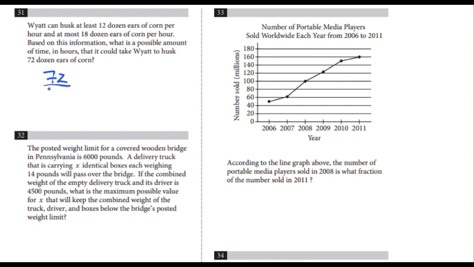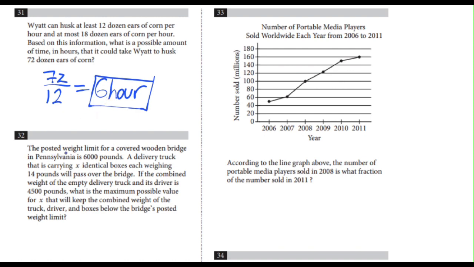So we can say 72, the number of dozens of ears of corn that he needs to husk, divided by the least number of dozens of ears of corn he husks per hour. And if you divide 72 by 12, we'll get that this takes 6 hours. So this is one of the possible answer choices you could have chosen.